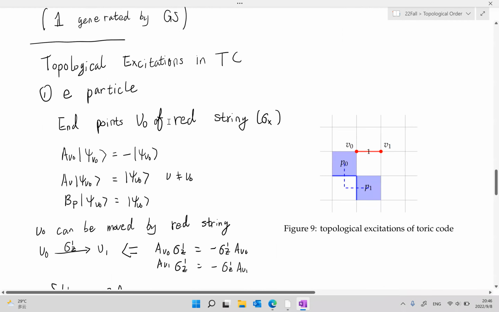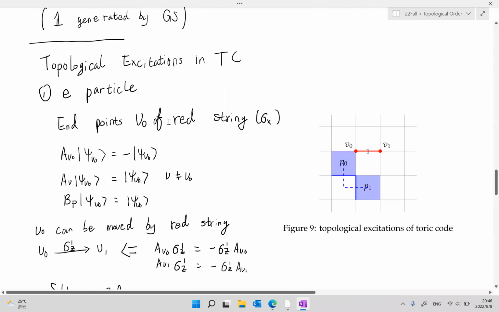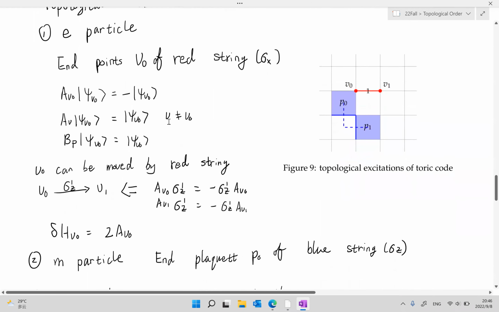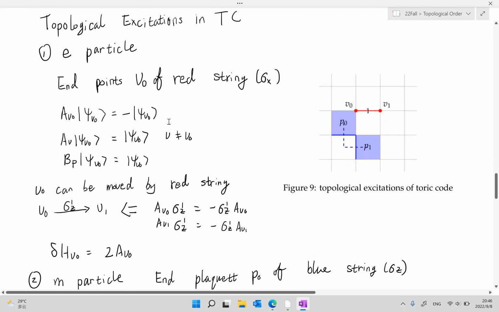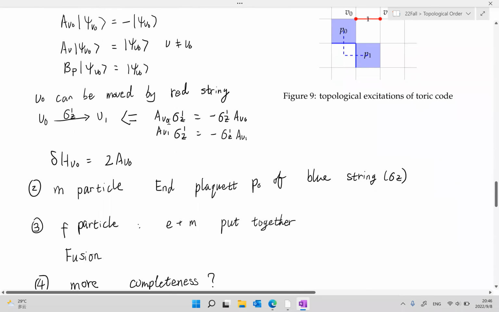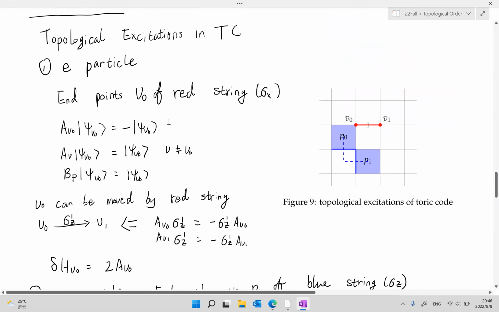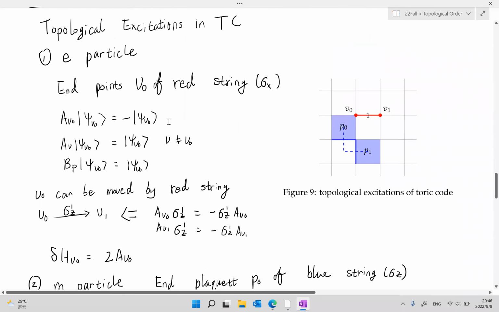And here are some topological excitations. So here it is an excitation, not a defect. Okay. Let's follow the book. The first excitation is the E particle.